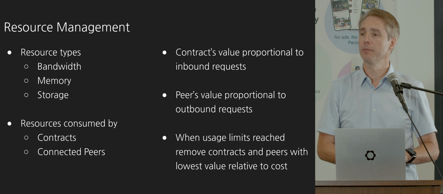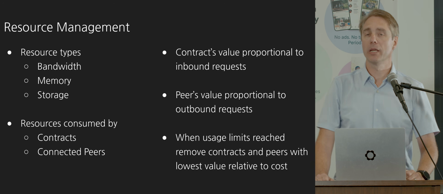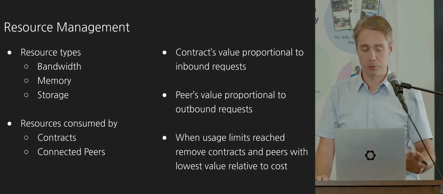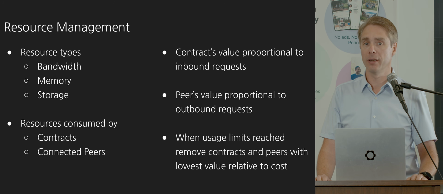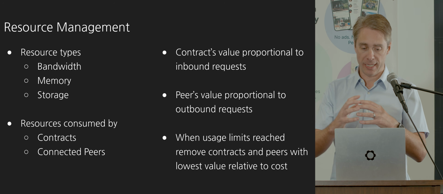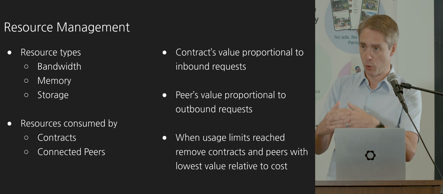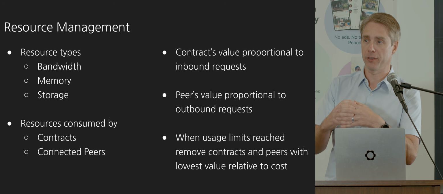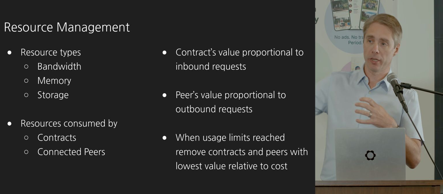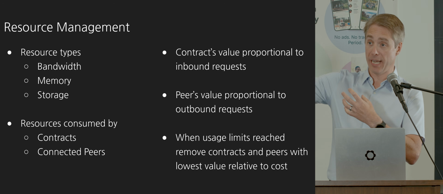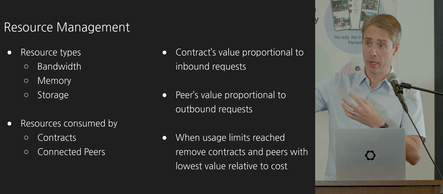What's the difference between a contract and a peer? The question was, what's the difference between a contract and a peer? So a contract is just the data that is stored on the computer, whereas a neighboring peer is an active connection to another peer in the network.